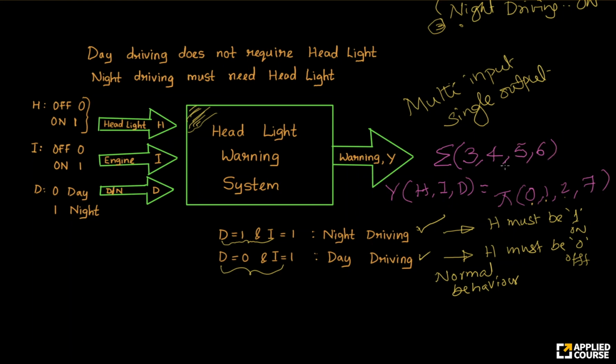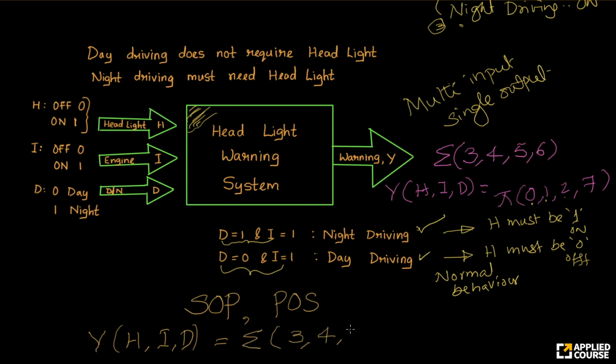Likewise, 3, 4, 5, 6 cannot be present in max terms, and 0, 1, 2, 7 cannot be present in min terms. So there are two ways of writing the Boolean expression: sum of product expression and product of sum expression. For this problem, the sum of product expression is sigma 3, 4, 5, 6, or the product of sum expression is pi of 0, 1, 2, 7.